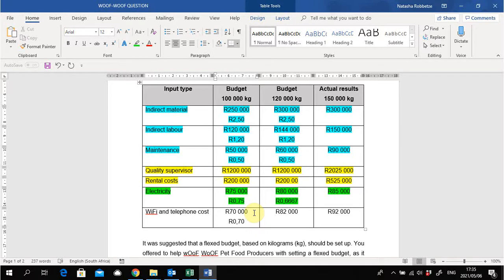If I repeat the calculation and I take the 82,000 and I divide it by the budget level of 120,000 kilograms, I get 0.6833. Again, you can clearly see that these two answers that I've calculated are not the same, and I am therefore going to put it in green for a mixed cost.